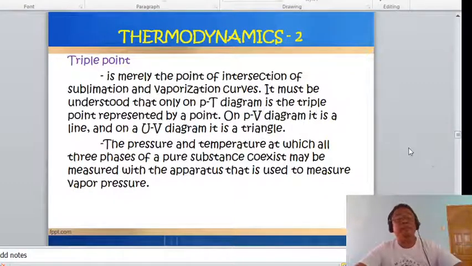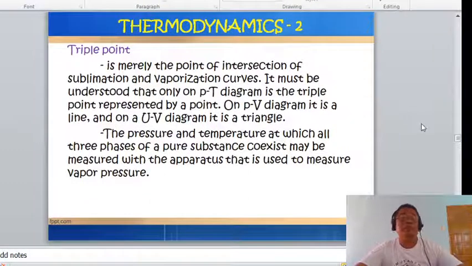The pressure and temperature at which all three phases of the substance coexist may be measured with the apparatus that is used to measure the vapor pressure.